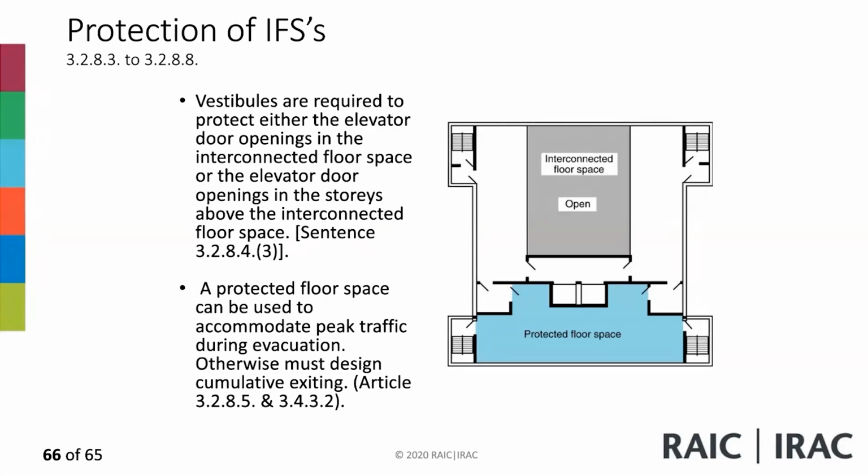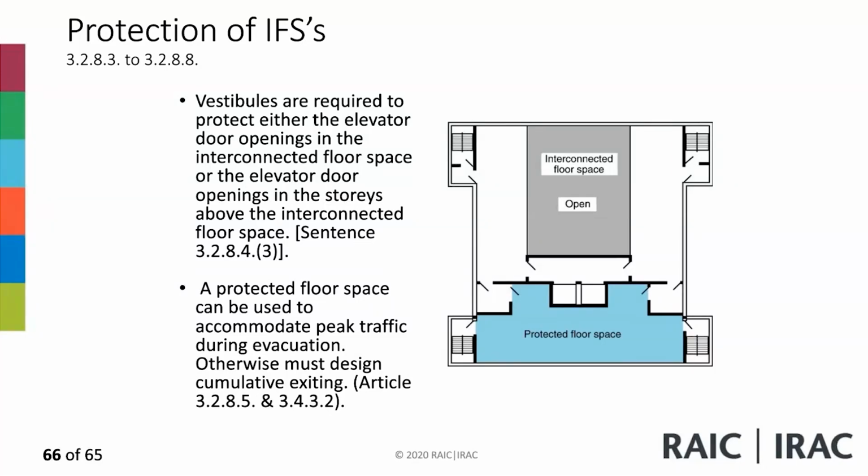So unless you design the space based on this factor of 0.3 square meters, or you have protected floor spaces conforming to Article 3.2.8.5 provided at each floor level, and the protected floor space on the floor level has not less than 0.5 square meters of space for each occupant on that floor of the interconnected floor space. So either you provide the vestibules, or you do a cumulative calculation of the occupant load, or you design the stair to accommodate 0.3 square meters per person.